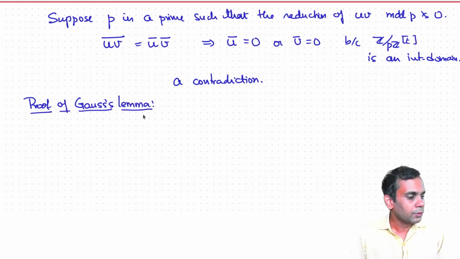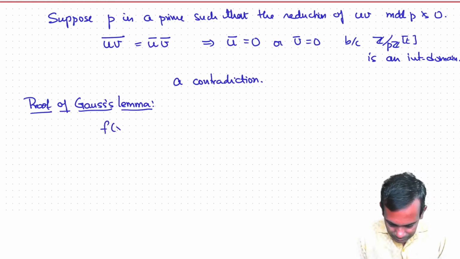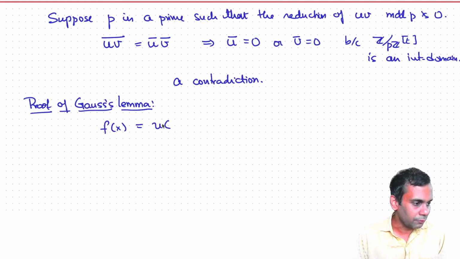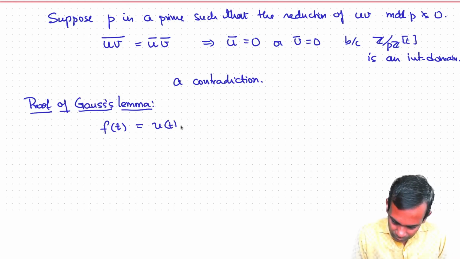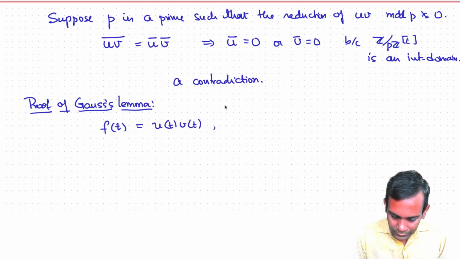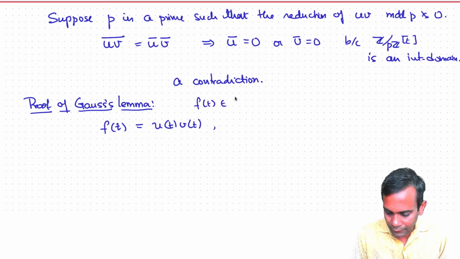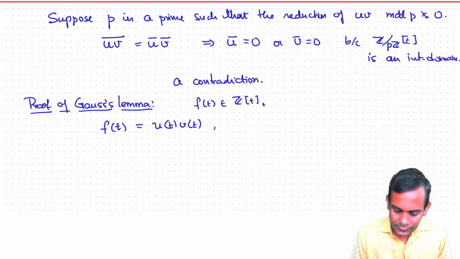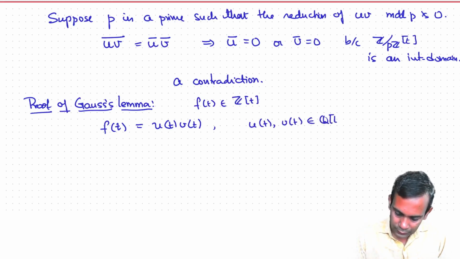Okay, so suppose we have f(x) = f(t) = u(t)v(t), where f(t) is, as per hypothesis, a polynomial with integer coefficients, and u(t), v(t) have rational coefficients.